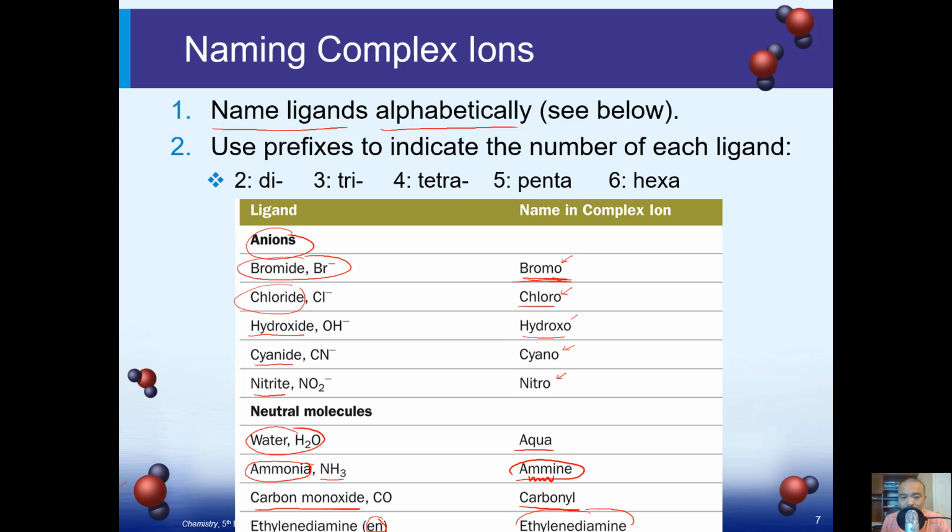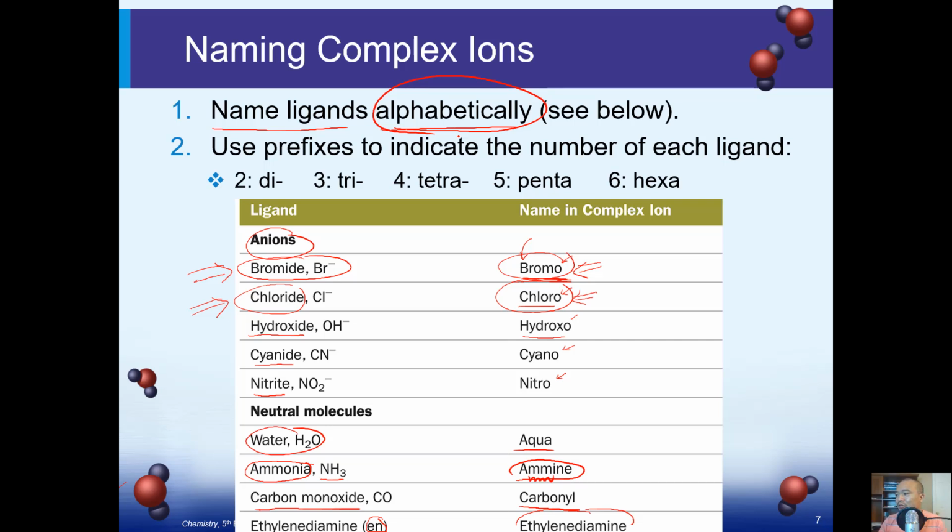If you have more than one type of ligands, for example, if you have both bromide and chloride ions serving as ligands, then you need to use bromo and chloro in the name of the complex ion. At the same time, you do remember bromo, which has a B as the first letter, will be put before chloro, etc., because we have to make sure all the ligands are arranged alphabetically.